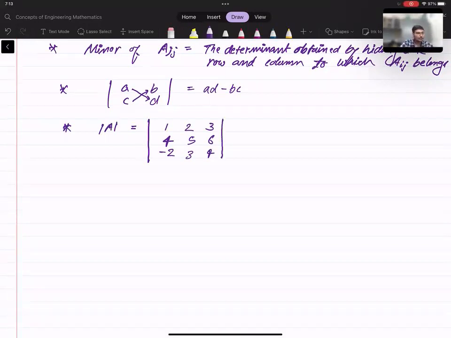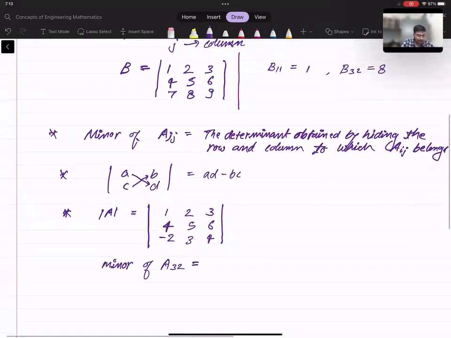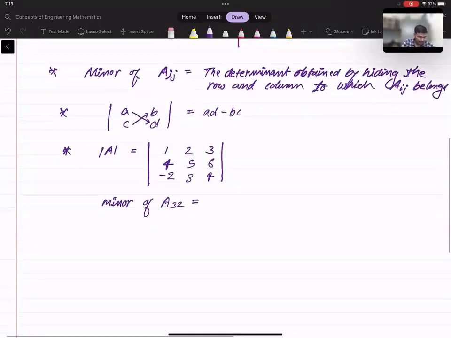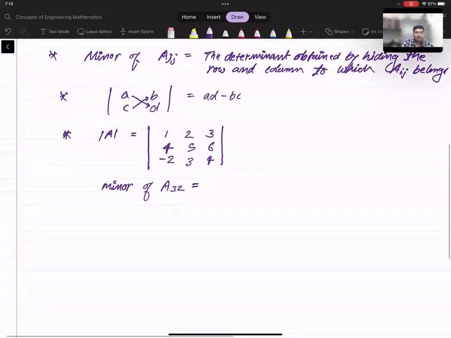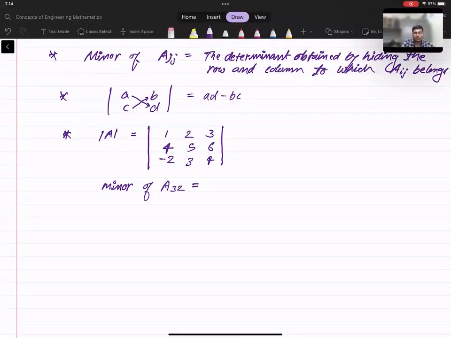Here the minor of, let us say, A32: we will look for the third row and second column, and then we will delete that particular row and column, and the determinant which will be remaining will be the minor of this A32.